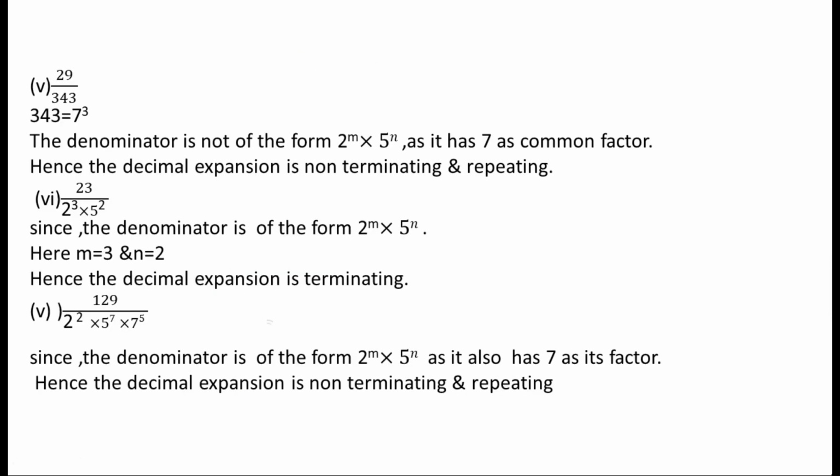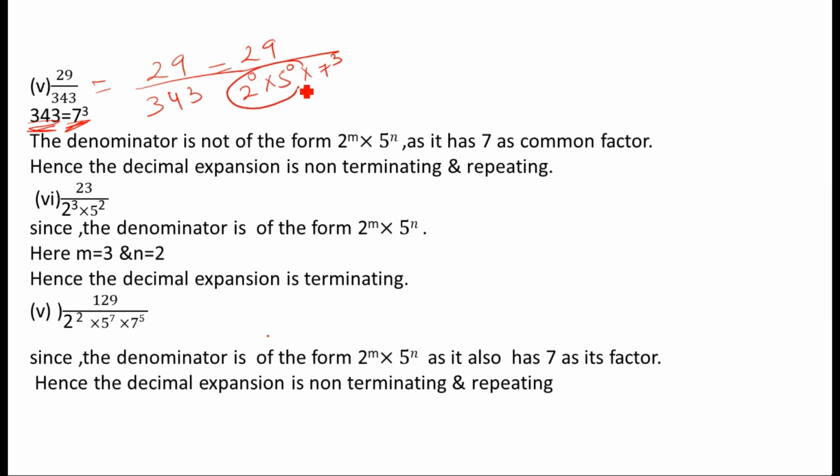Now, let's come to the fifth example. Here we can write 343 as the cube of 7. We can write 29 upon 343 as 29 upon 2 raised to the power 0 cross 5 raised to the power 0 cross 7 cube.